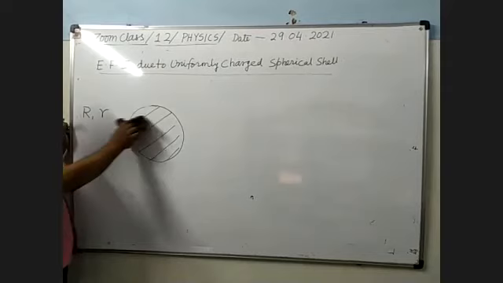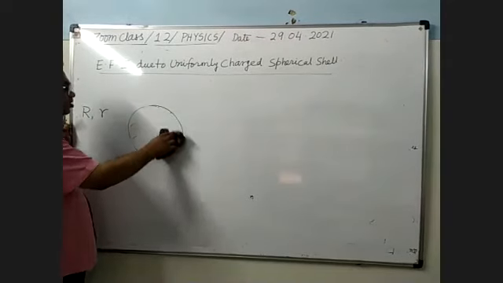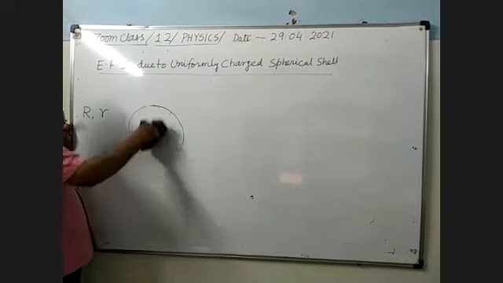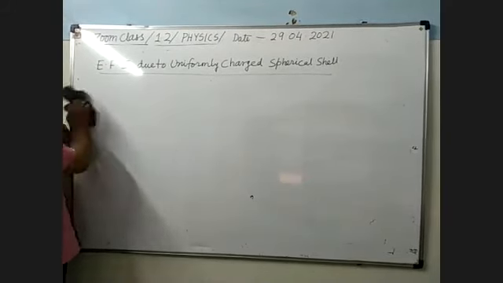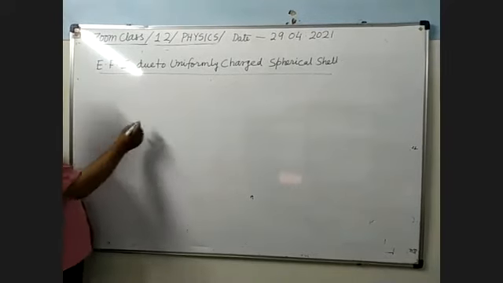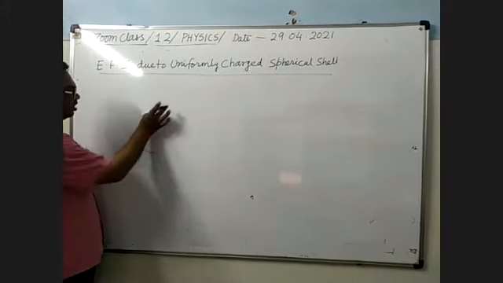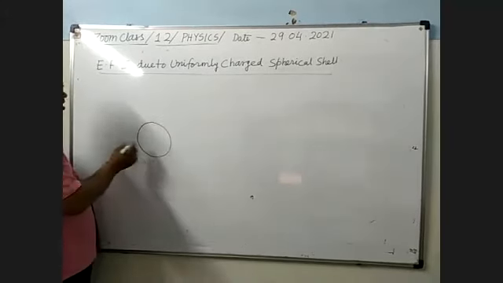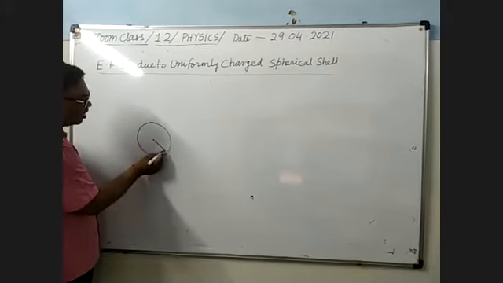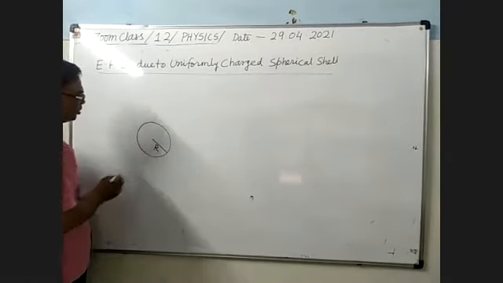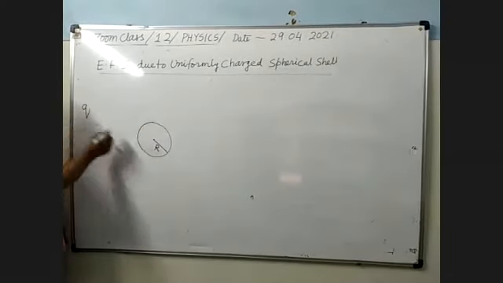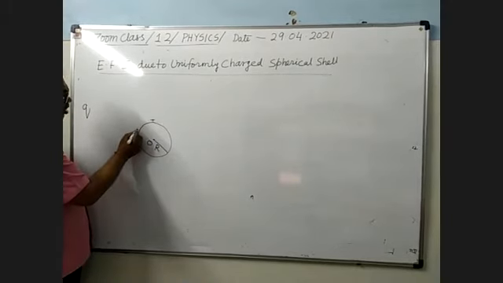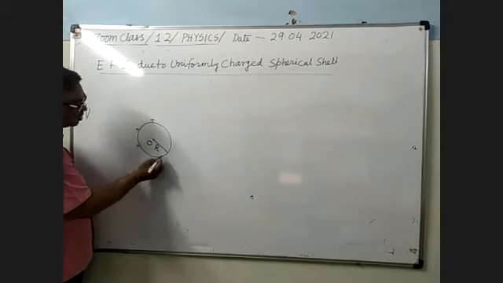Now you can see here. This is a thin spherical cell having charge Q. Having charge Q means charge Q is distributed uniformly over its surface.